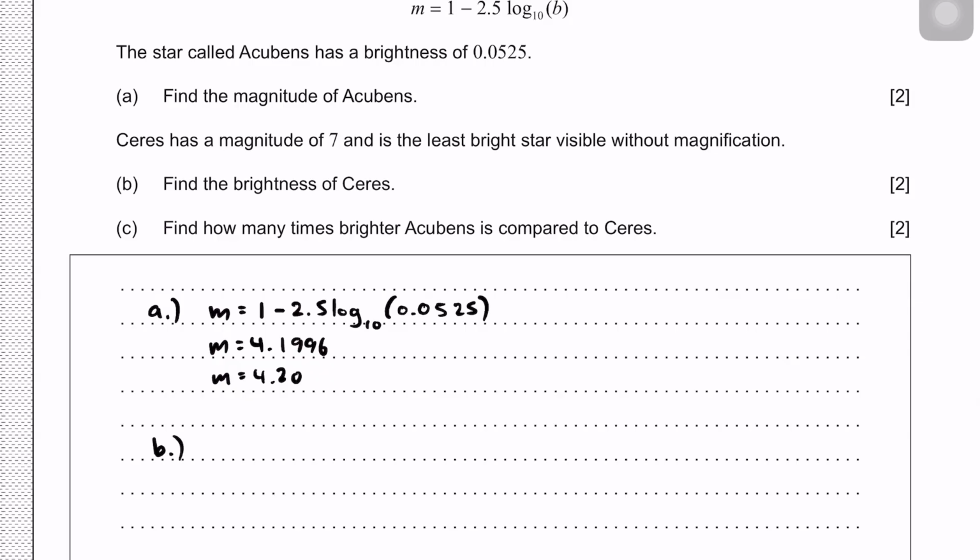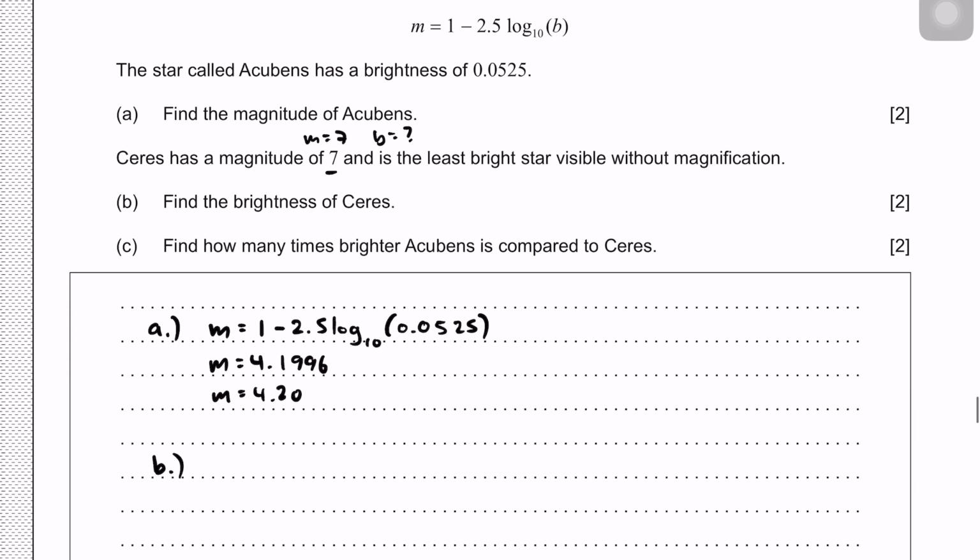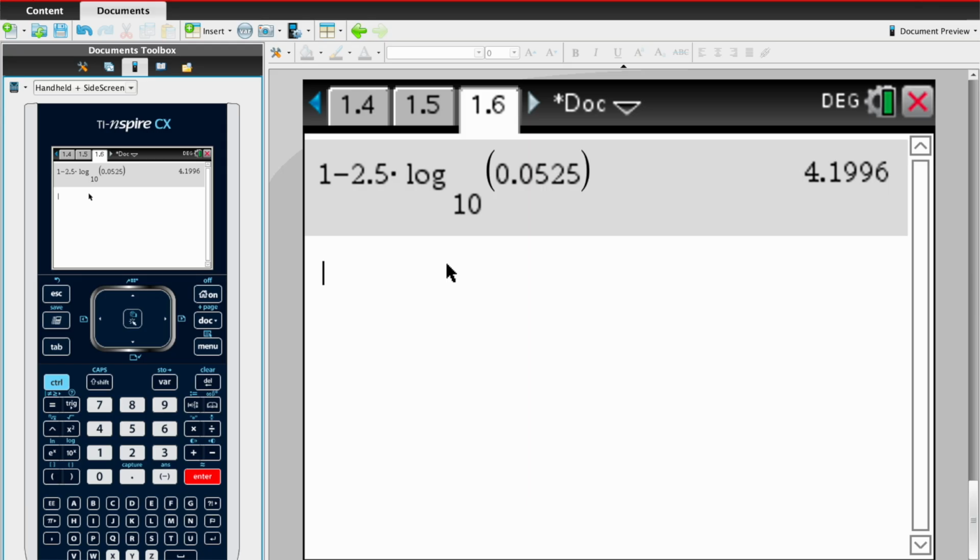Input-output question for a general kind of function, but now we're dealing with logarithms. So output m is equal to 7. What is b? So writing that out, 7 is equal to 1 minus 2.5 log base 10 of b. Now we want to find out what b is, and then we should be good. So let's go to our calculator.